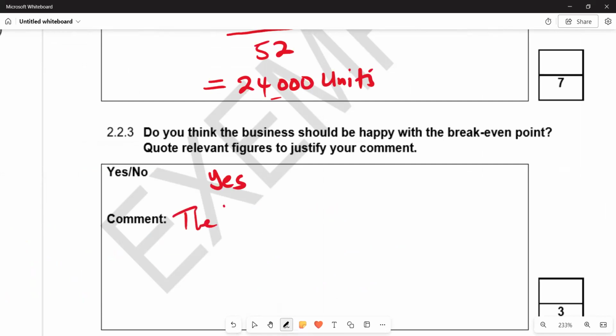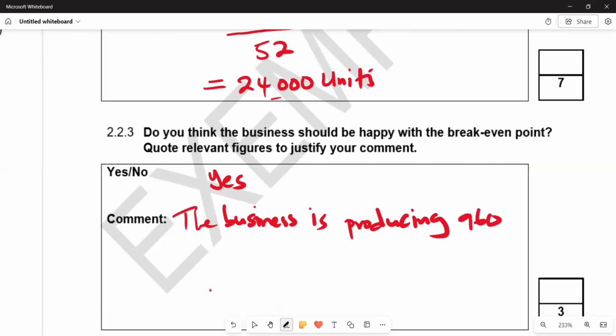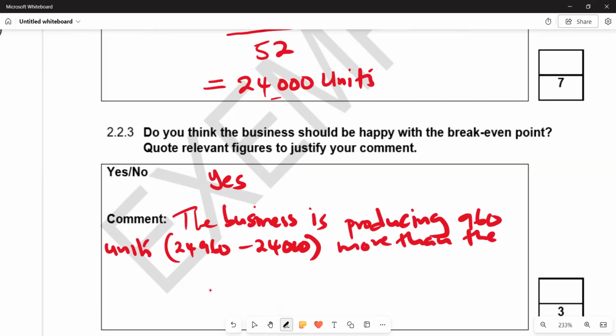The business is producing 960 units, which we get by saying the level of production, remember, is 24,960 minus the 24,000 break-even point. More than the break-even point.